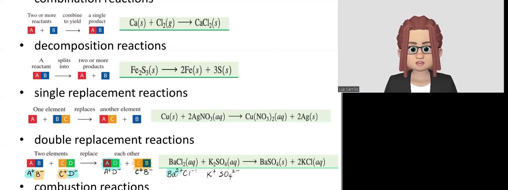Here we have the barium and the sulfate combining to make barium sulfate. And next, we have K plus combining with Cl minus to make KCl.